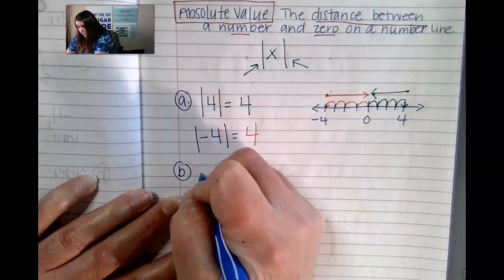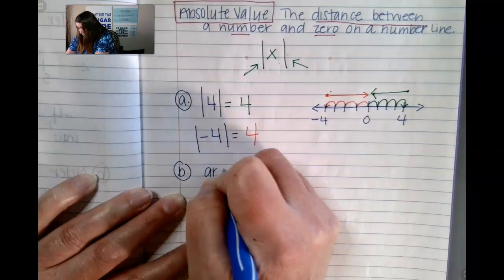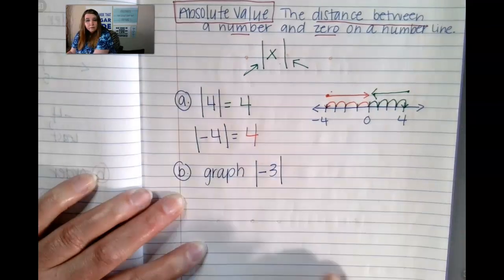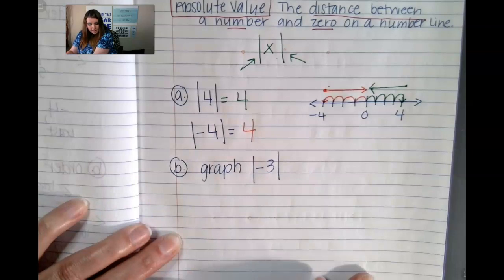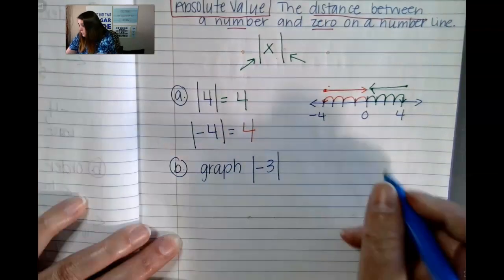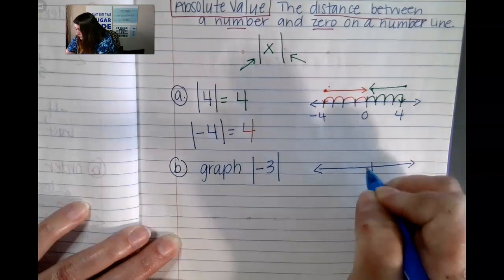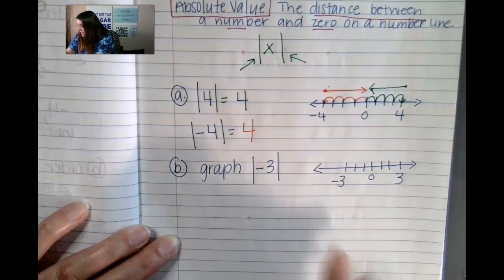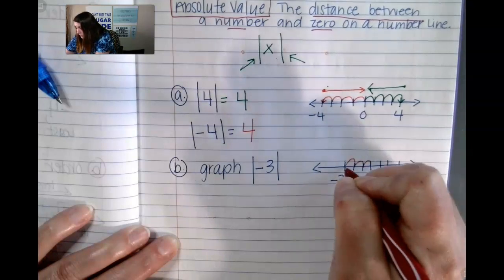This one says to graph the absolute value of negative 3. So if I'm going to graph the absolute value of negative 3, I am going to first figure out how many jumps it takes. So make a number line. To get to negative 3, I had 1, 2, 3 jumps.